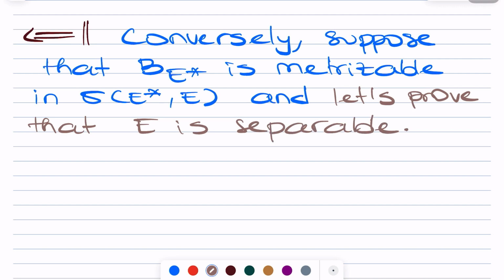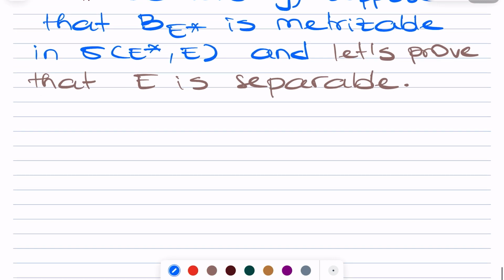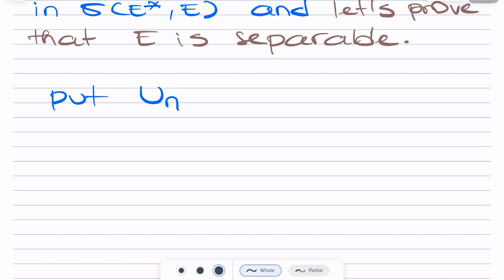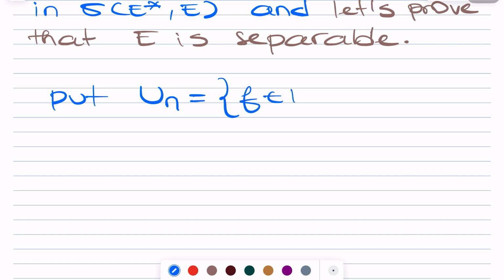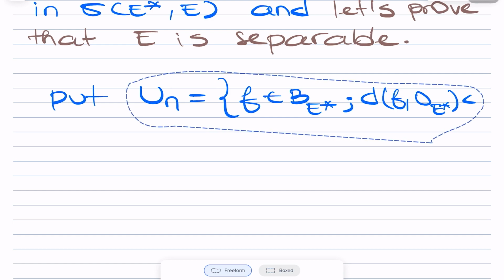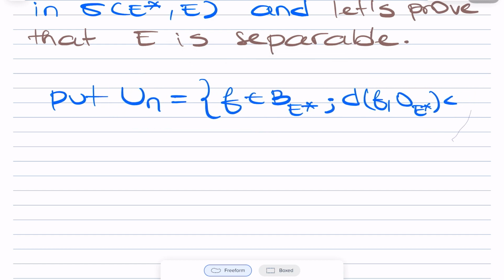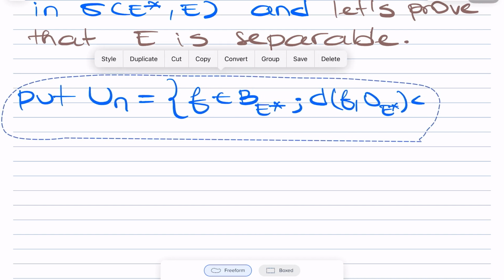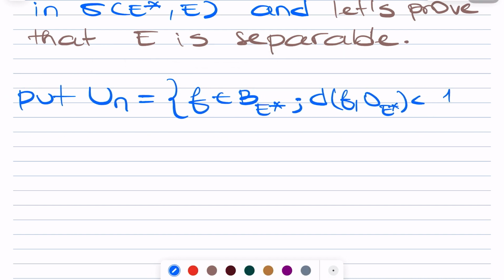Okay, so for that, define Un to be the set of f, linear bounded operators with norm less or equal than 1, such that the distance of f to 0 in E star is strictly less than 1 over n, right?